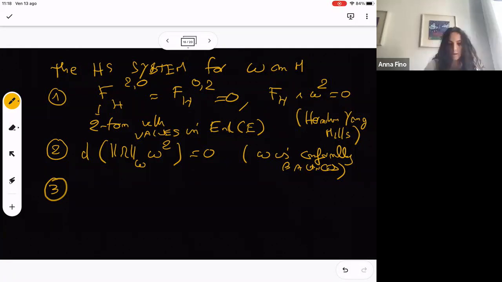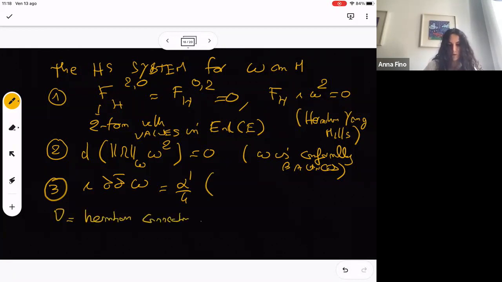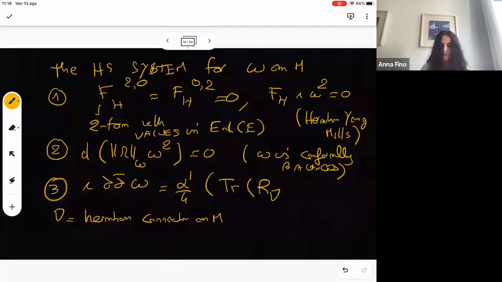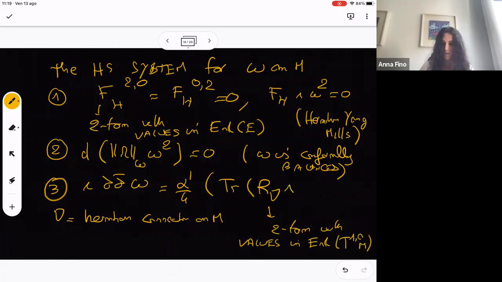It is the following: i ∂∂̄ omega equals alpha prime over 4 times the trace of R_∇ wedge R_∇, where ∇ is in principle a Hermitian connection on M. You can think of the curvature as a two-form with values in endomorphisms of T^{1,0}M, so the trace makes sense, minus the trace of F_H wedge F_H.